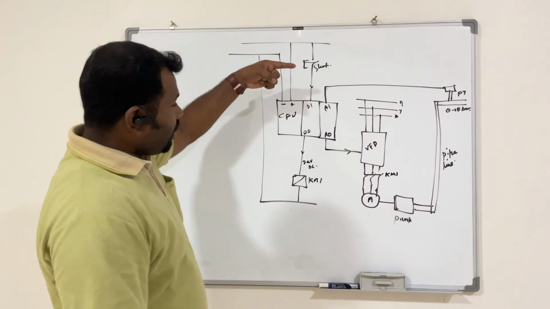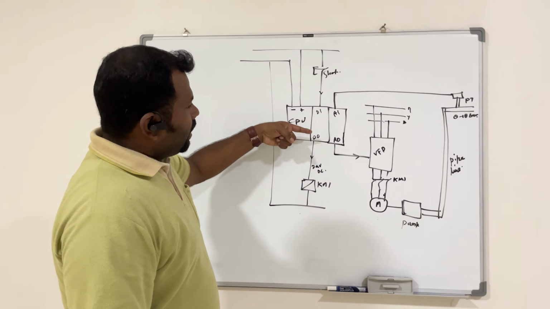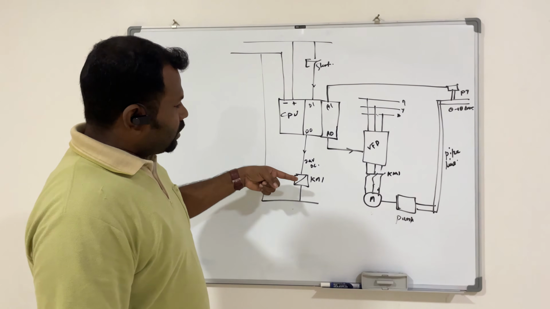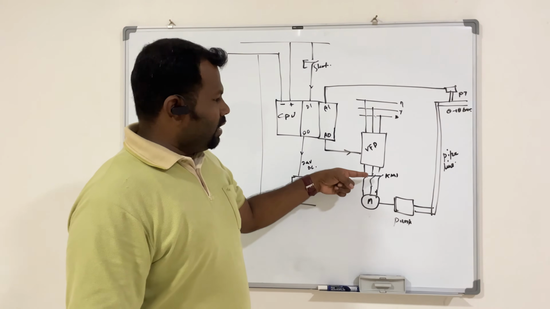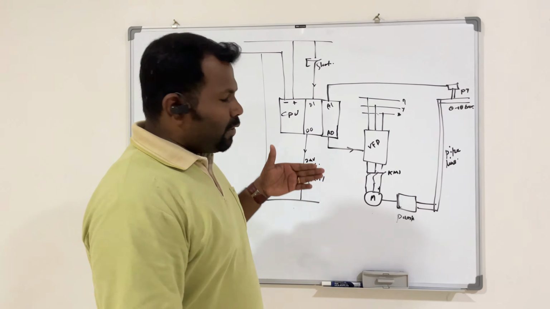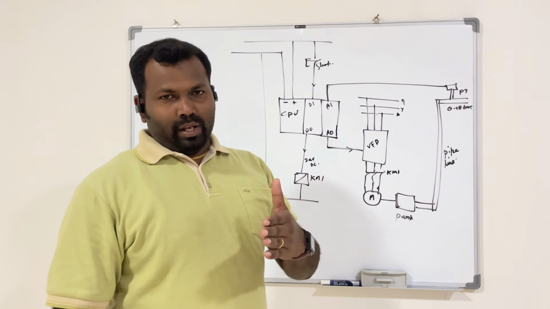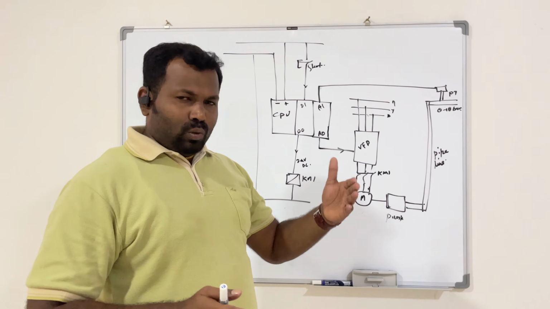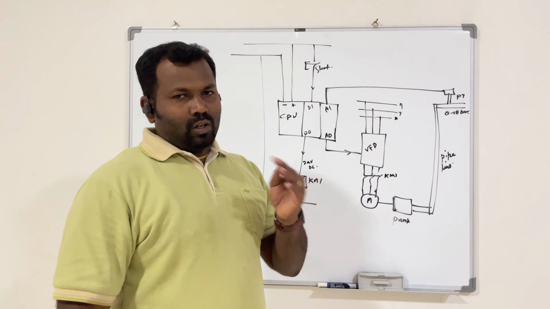Once this input is received, the PLC will enable an output, and that output decides whether the VFD should be on or off. This kind of output is called a digital output. So digital input and digital output mean binary type: do or don't do, yes or no.